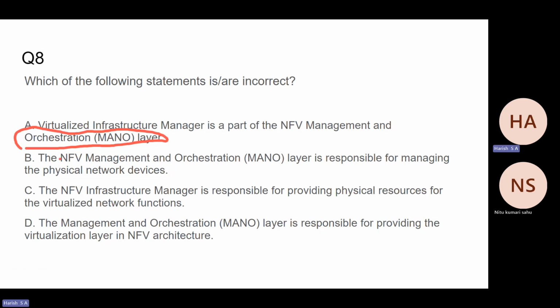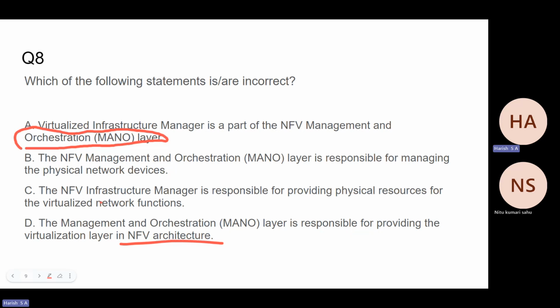Or is it that the network function virtualization management and orchestration layer is responsible for managing the physical network devices? Or is it that the NFV infrastructure manager is responsible for providing physical resources for the virtualized network function? Or is the management and orchestration layer responsible for providing the virtualization layer in NFV architecture?